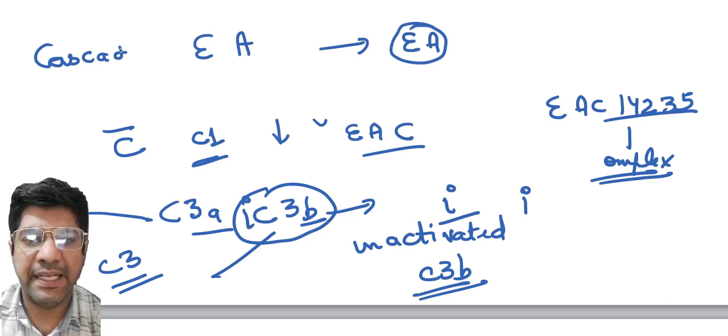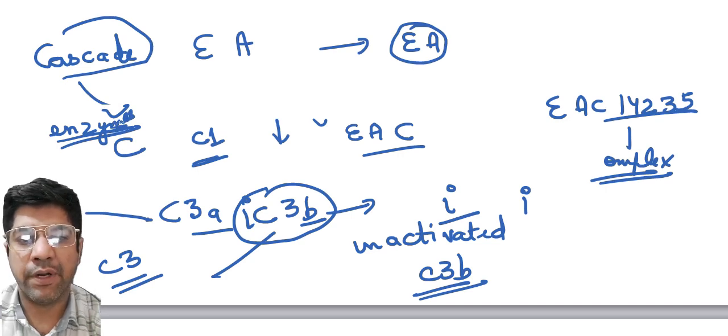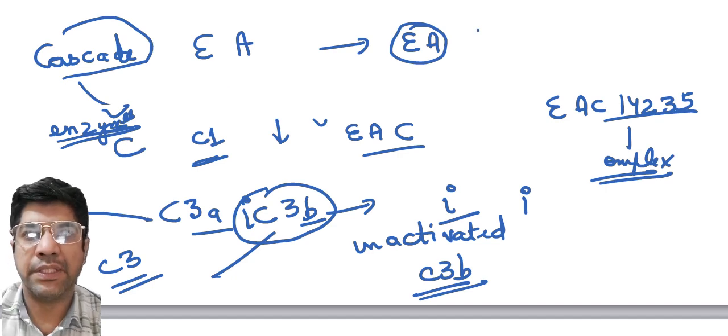In the cascade, each component acts as an enzyme, leading to cleavage of components into dissimilar fragments. The larger fragments usually continue in the cascade, while the smaller fragments are released and often have some biological effects.